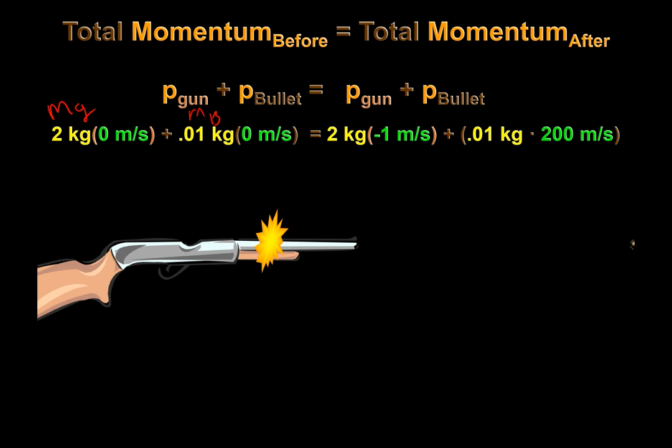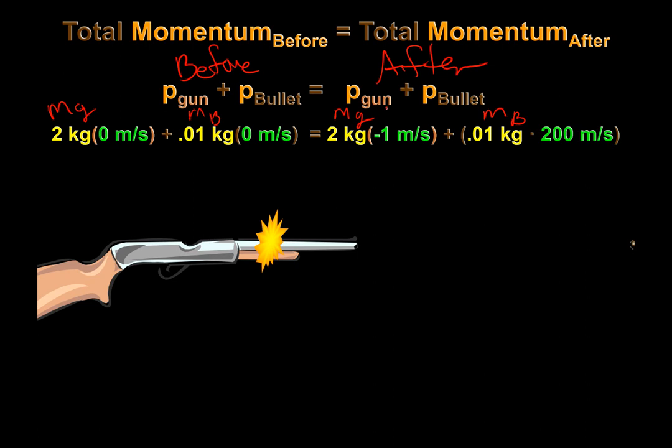So after, then you have the equal sign, and everything is after the collision. So again, this is before, this is after. Now, does the mass of the gun and the bullet change from point A to point B? No, it doesn't. So again, you just have mass of the gun, mass of the bullet.